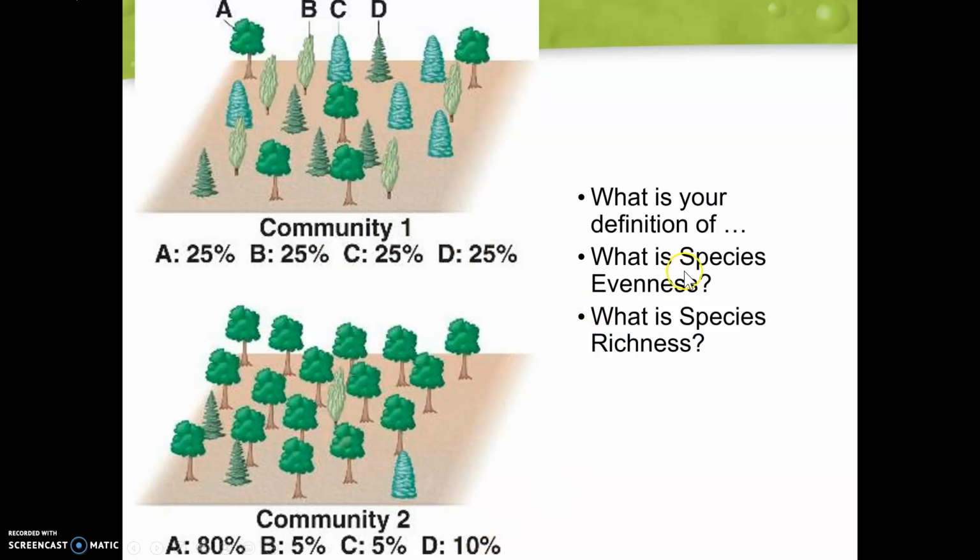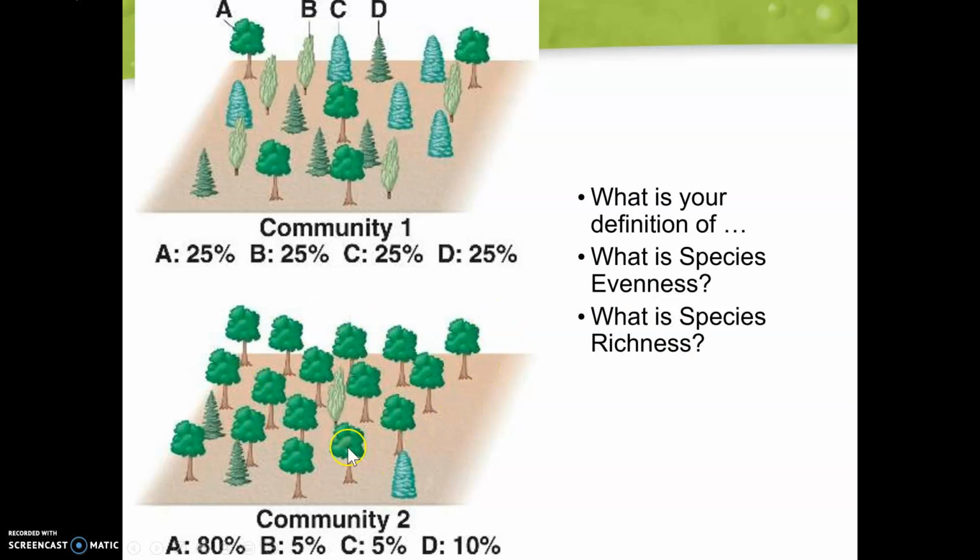So if we're using those words, evenness versus richness, I would assign evenness to community 1. We still have a nice proportion of trees here, and they're pretty spread out and pretty even within the species. Where for richness, we can see there's an abundance of tree A here.